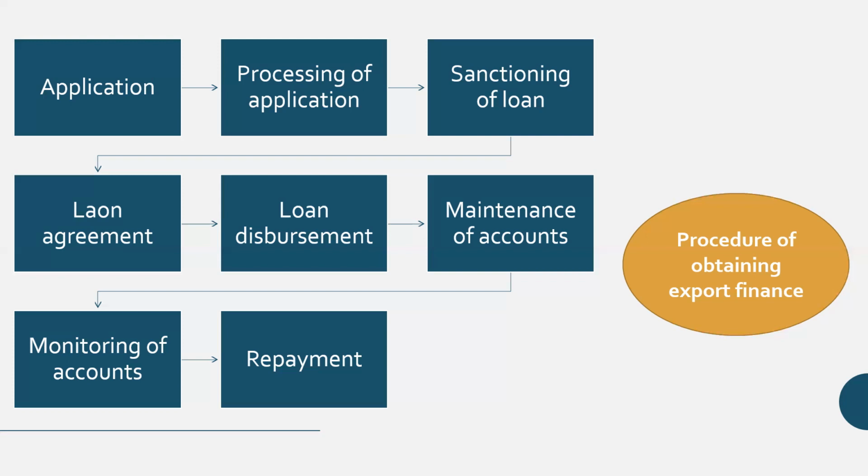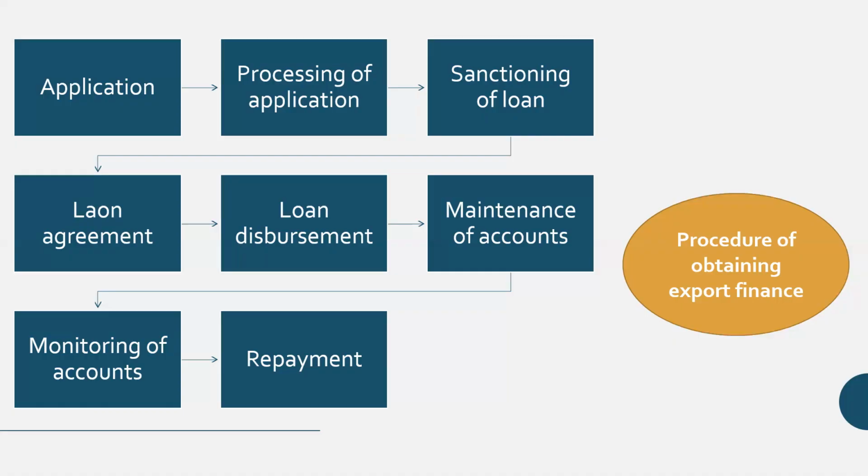The accounts can be monitored by the banks, and as time proceeds, the exporter can start repaying the money to the bank. So this is how, step by step, the loan is sanctioned and export finance is obtained by the exporter.